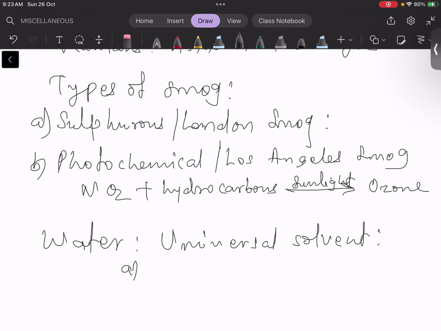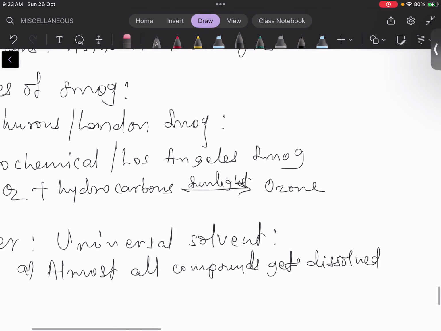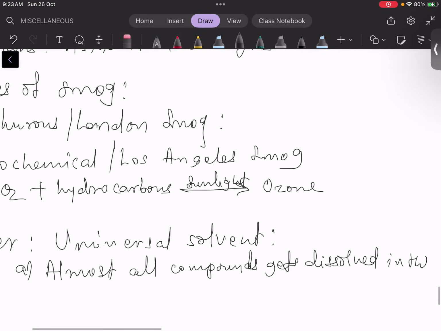Almost all compounds get dissolved in water. Second, it is polar, that is, it forms H plus and OH minus, with negative charges on it.